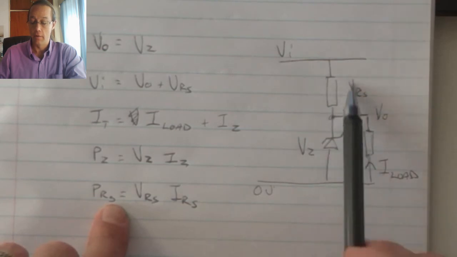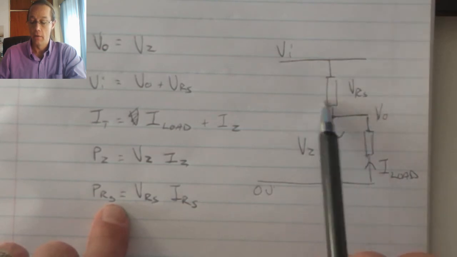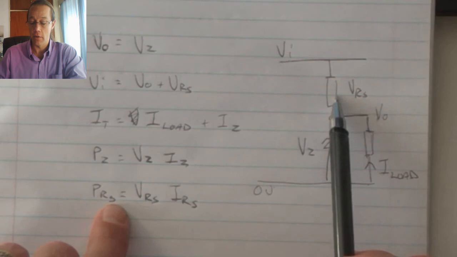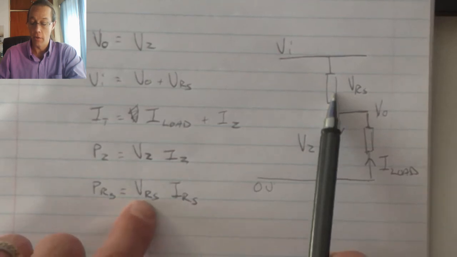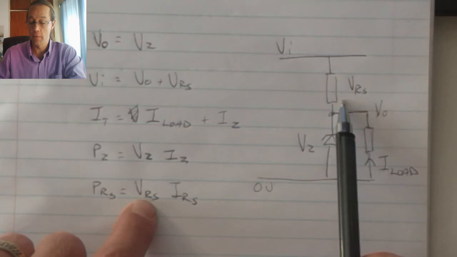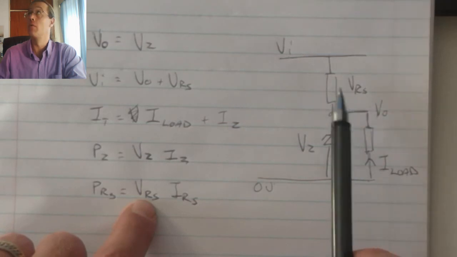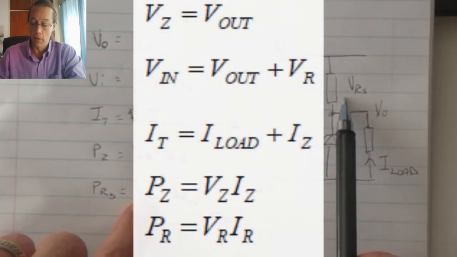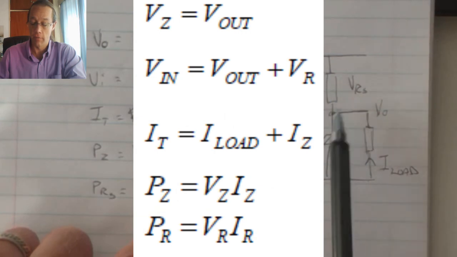So the size of my series resistor, in other words the required power rating of that series resistor, is the product of the series resistor's voltage that develops when my input value peaks multiplied by the amount of current flow through that Zener diode.